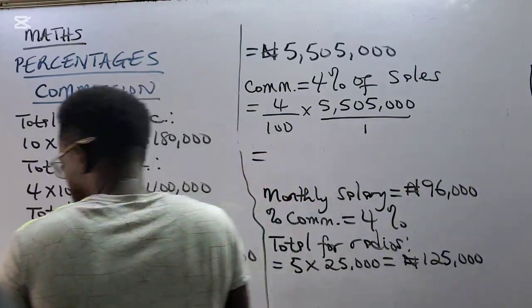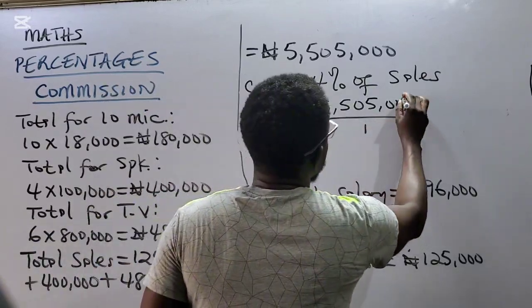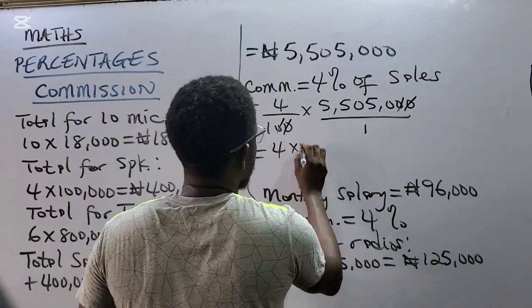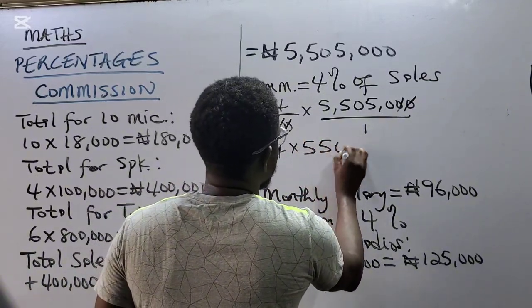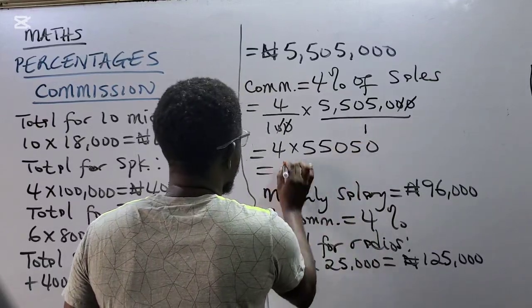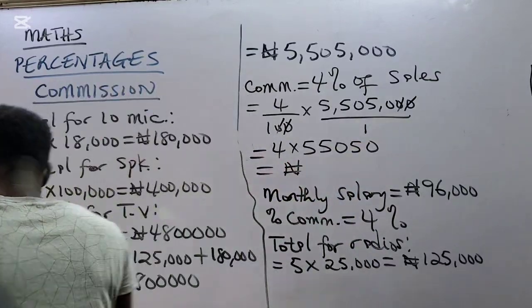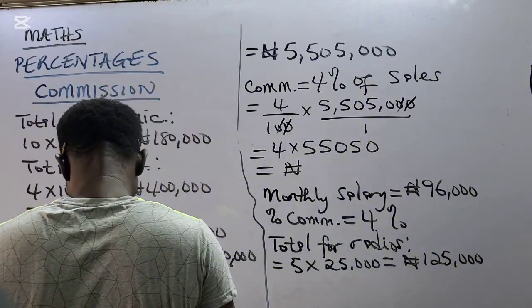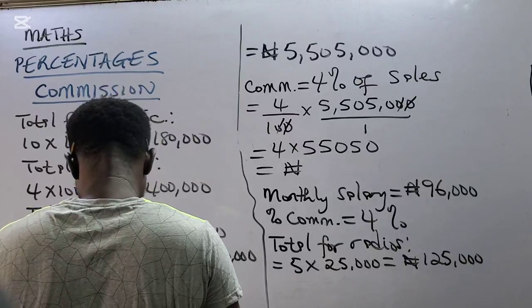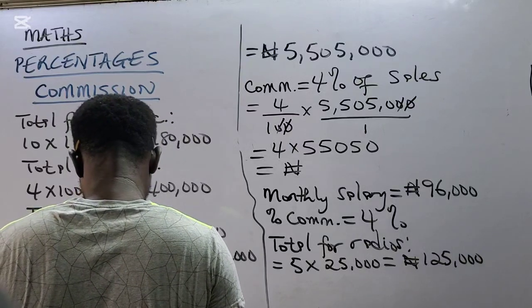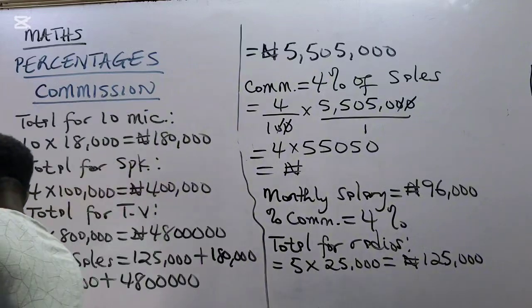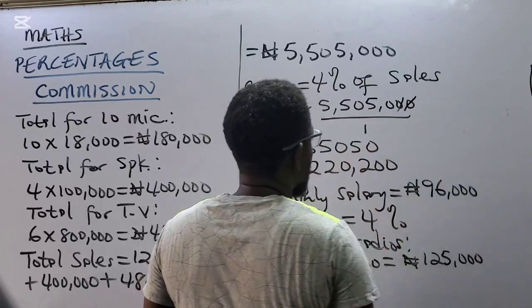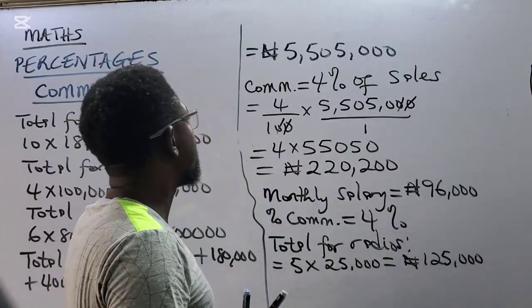This one cancels, so we get 4 times 55,050. To multiply that, we get 220,200. So that is the commission.